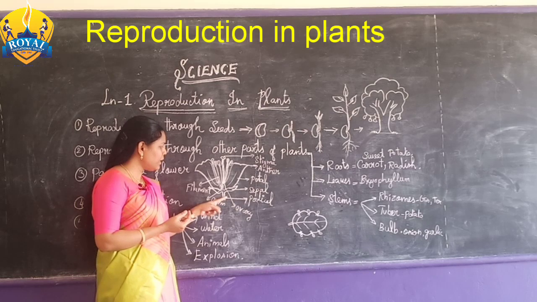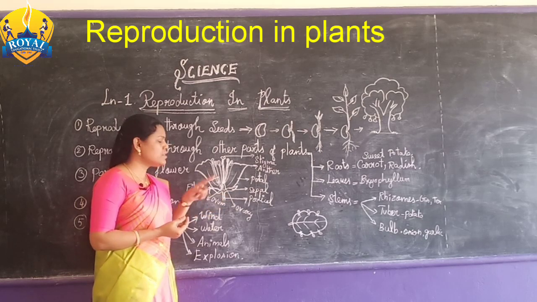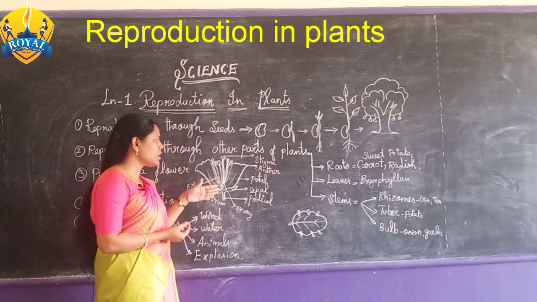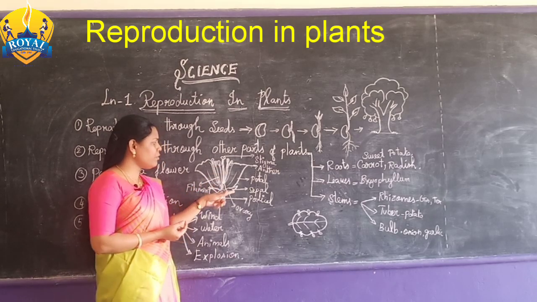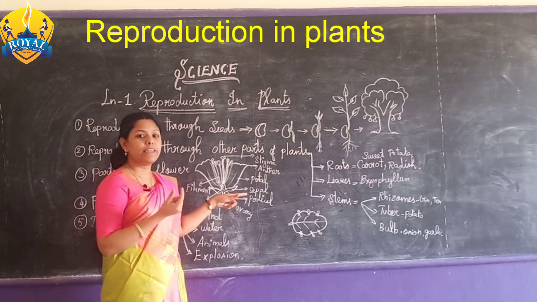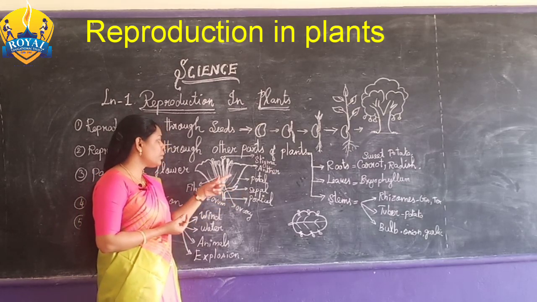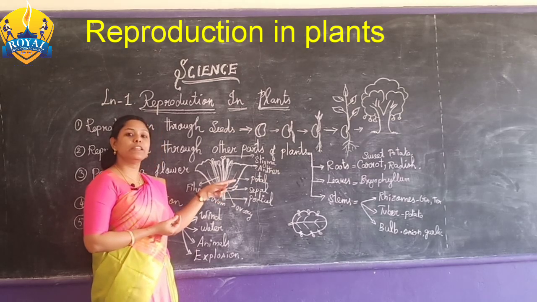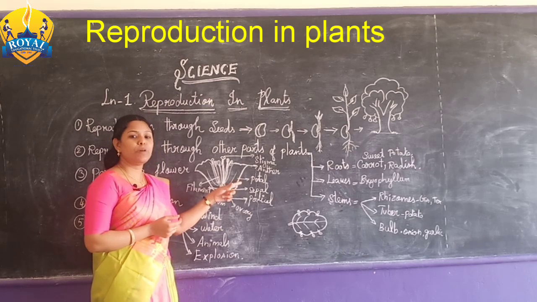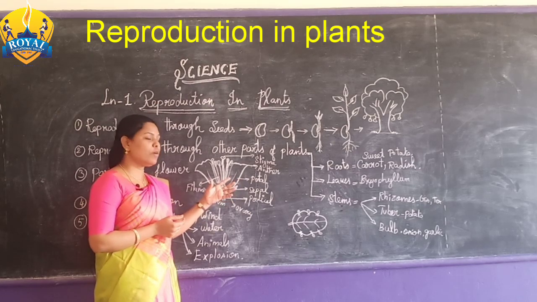Just above the pedicel we can see the sepals, in green color like leaf structures. Just above the sepals we can see the beautiful colorful petals, that is the flower.